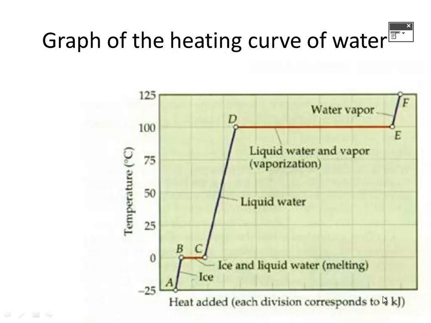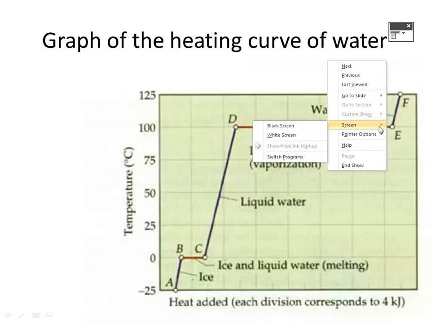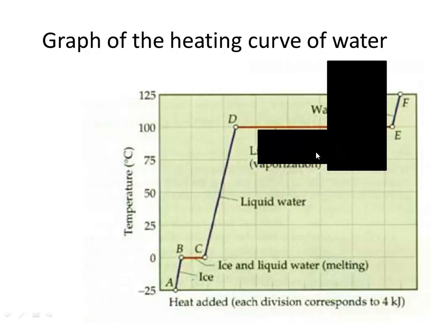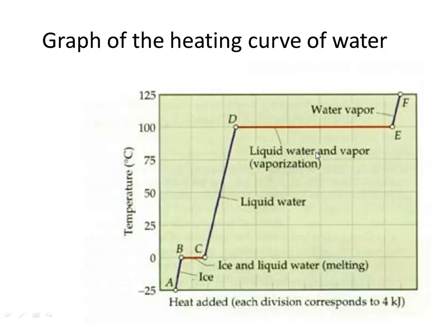So there are a few points in this graph, and this graph represents temperature on the vertical axis and energy or heat added on the horizontal axis. So this is for water, H2O. Different substances will be different. So if I had ethanol, it would have different temperatures at which these occur.